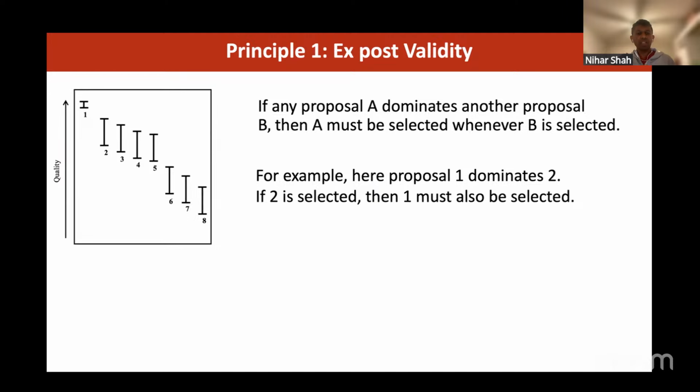For example, in this picture on the left, the lower confidence bound of proposal 1 is higher than the upper confidence bound of proposal 2. So here 1 completely dominates 2, and we have enough evidence to conclude that 1 is better than 2. In this case, any method, if it selects proposal 2, must also select proposal 1. So this is ex post validity.